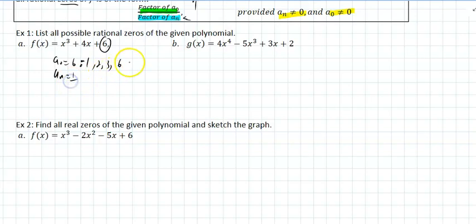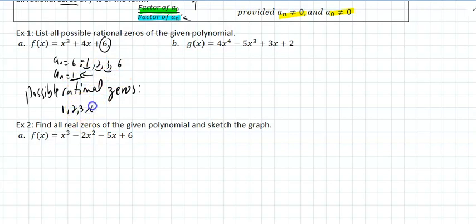So you would say the possible rational zeros are 1 divided by 1, 2 divided by 1, 3 divided by 1, and 6 divided by 1, plus or minus.